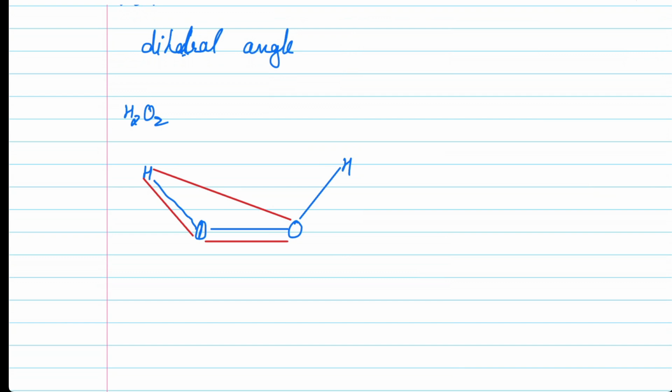We can define another molecular plane, which could be this hydrogen, oxygen, this hydrogen, oxygen. So this is another molecular plane. In this particular arrangement, the angle between the molecular planes turns out to be 0 degrees. There is no angle between them, the planes coincide, and in this way hydrogen peroxide is a planar molecule.